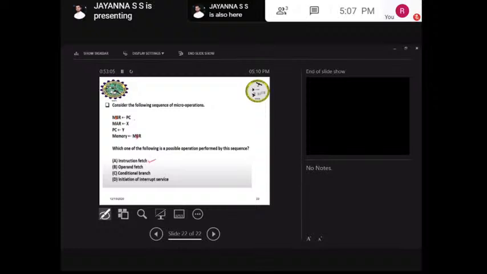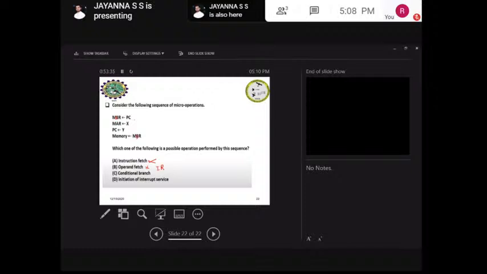First one is the instruction fetch. We know that whenever we fetch the instruction, the PC should be loaded with the address. Therefore, the first option is not correct. The second one is operand fetch. Whenever we fetch the data or the operand, we should use the instruction register. The IR register we should use in order to fetch the operand and store it into the register. Therefore, the second option also is not correct.